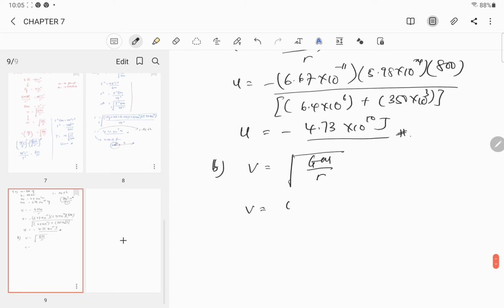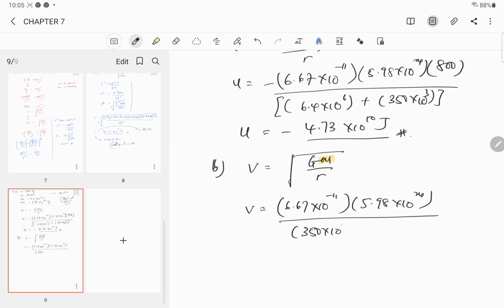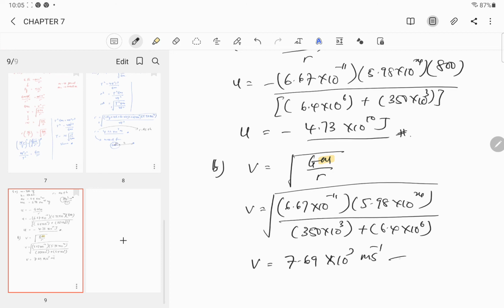So V is equal to square root of 6.67 times 10 power of negative 11 times the mass of Earth. Remember, this mass must be the mass of the planet. 5.98 times 10 power of 24 over 350 times 10 power of 3 plus 6.4 times 10 power of 6. And then don't forget the square root. So 7.96 times 10 power of 3 meters per second.